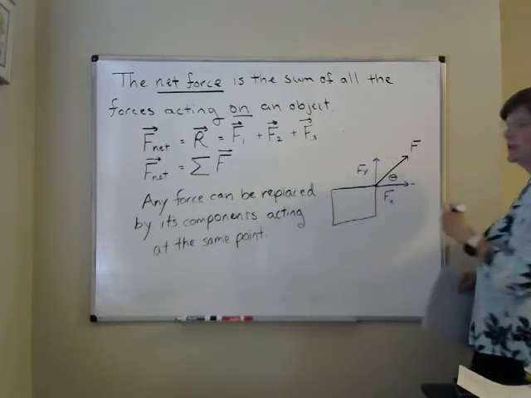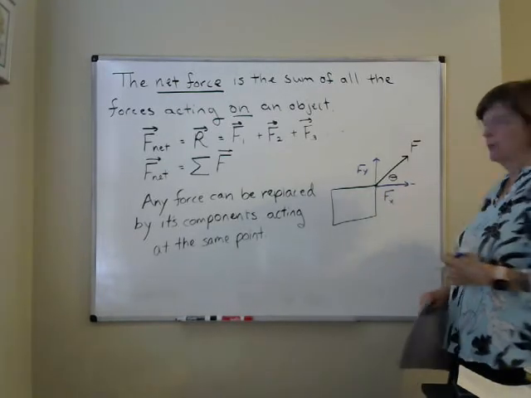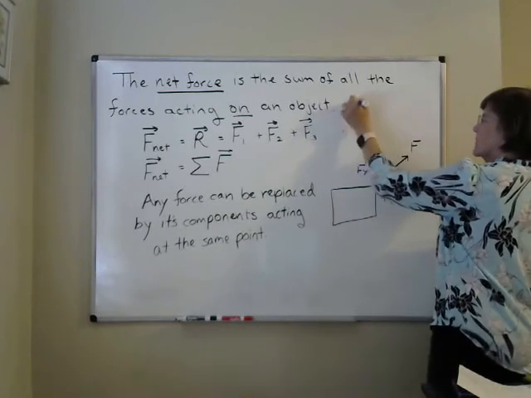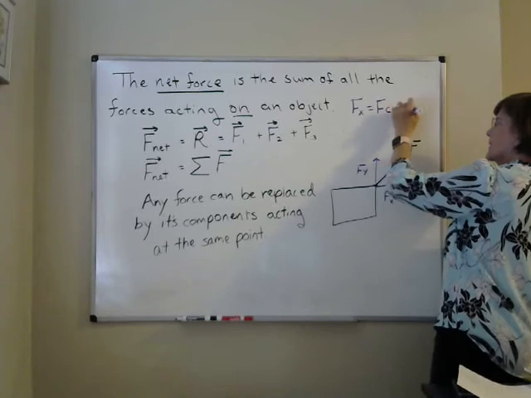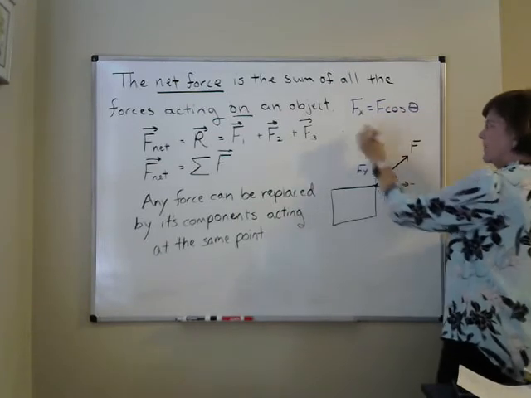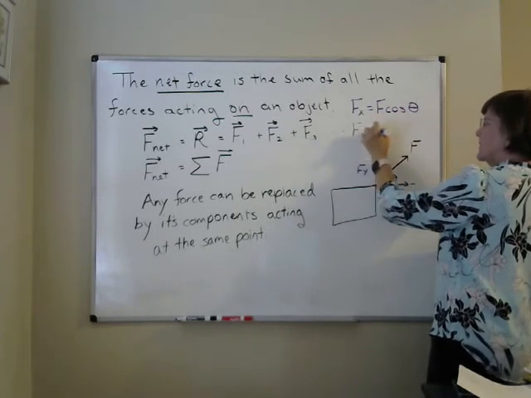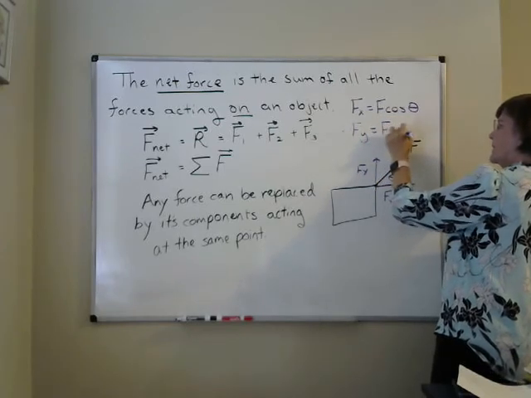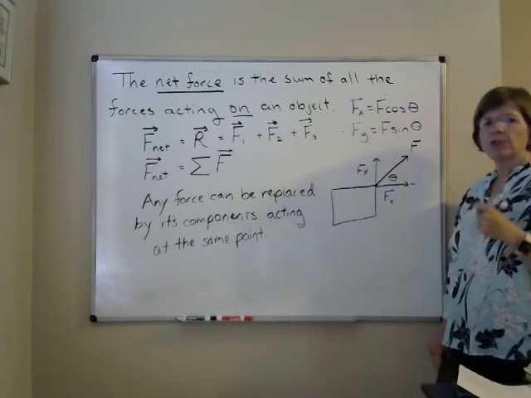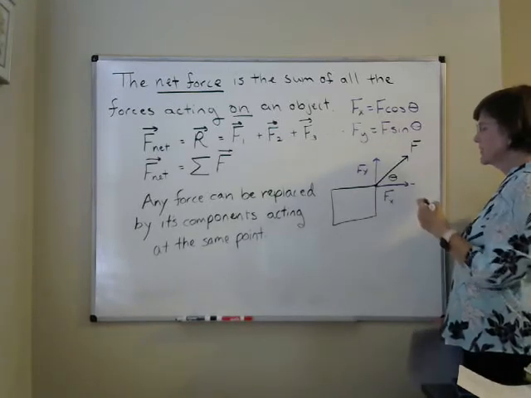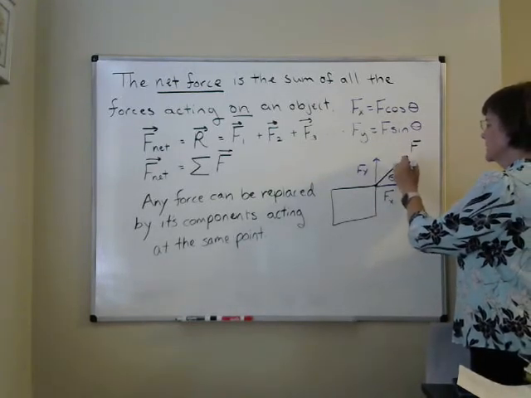And we know how to do that because we learned that back in chapter 1. The horizontal component is F cosine theta, and the vertical is F sine theta. Very, very important. If you're going to just use those formulas, you need to be sure you're measuring from the positive x-axis.